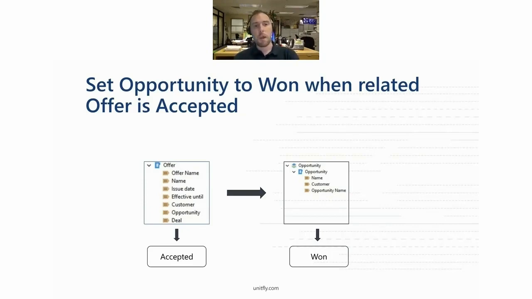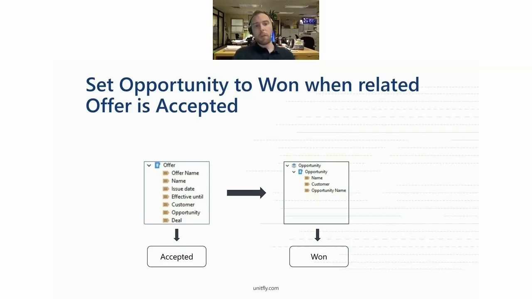So the first use case that we will go through uses property operation, and the use case is setting the opportunity to 1 when the related offer is accepted.